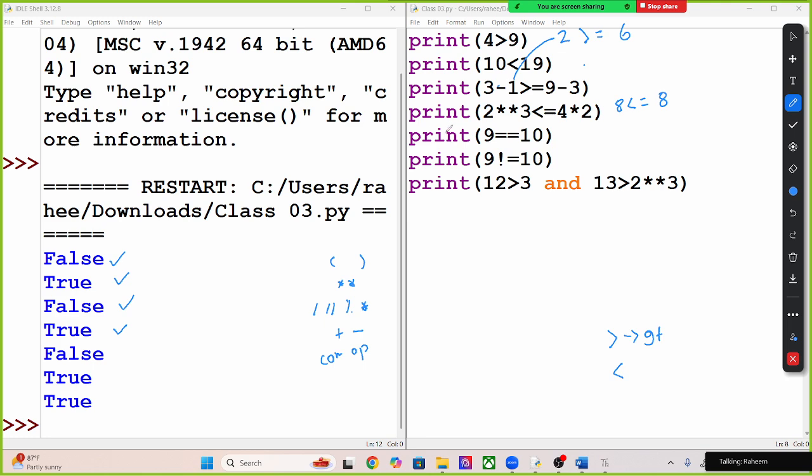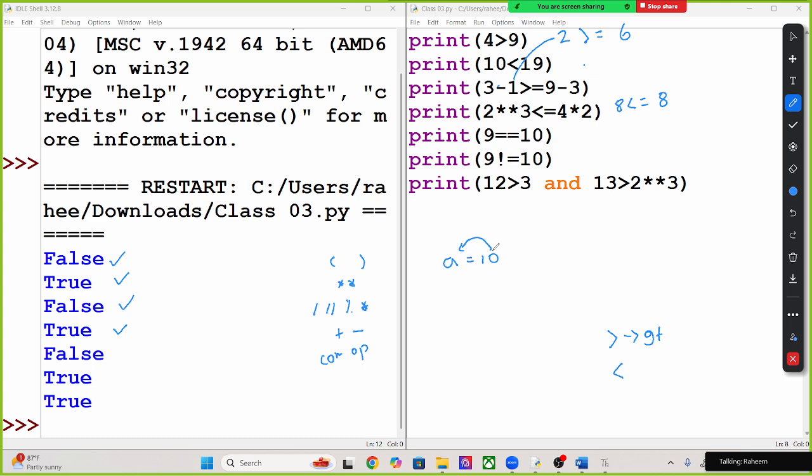In the first class we discussed variables, right? For example, 10 is assigned to a. We all know what a variable is now: it's a container. It stores values, so whenever we want to access this data, simply you can call the variable. If we use one equal sign, this is assignment.